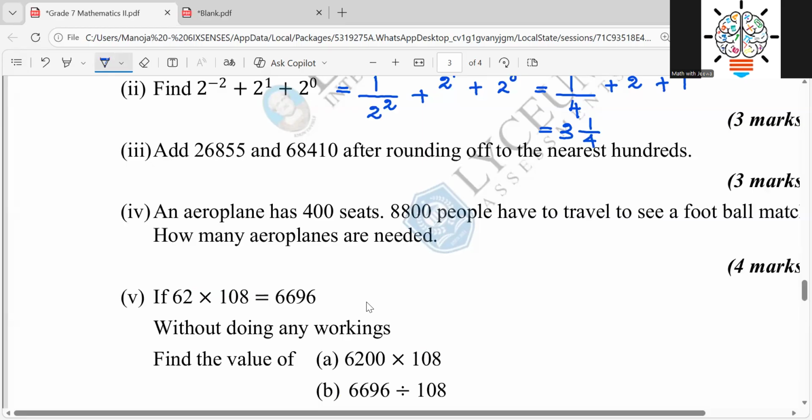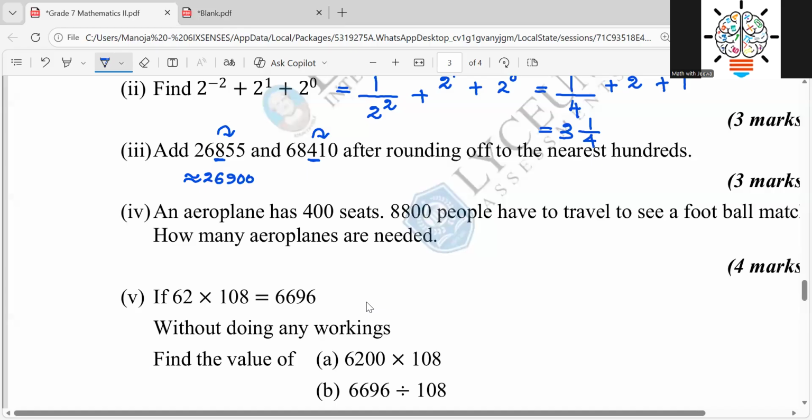Here they are talking about the hundreds, no, children? So I underline the 100 here. After underlining the relevant place value, I look at the next number. If the next number is 5 or more than 5, I add 1 to the underlined number.